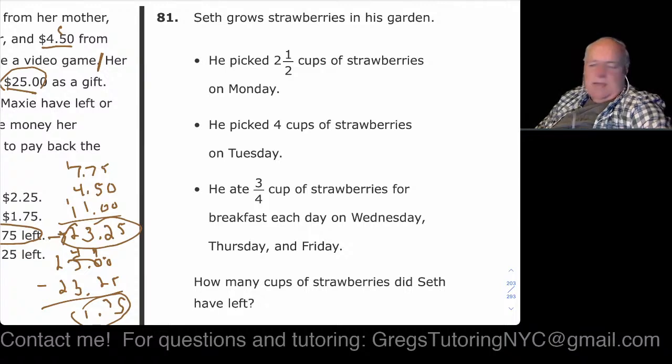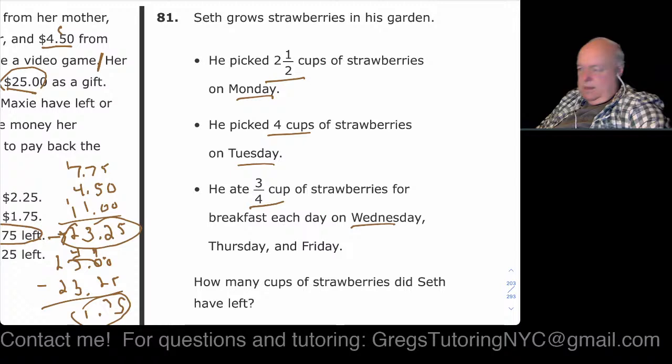So Seth grows strawberries in his garden. He picks 2.5 cups of strawberries on Monday. He picked 4 cups of strawberries on Tuesday, and he ate 3/4 of a cup for breakfast on Wednesday, Thursday, and Friday. All right, so this is just weirdish.